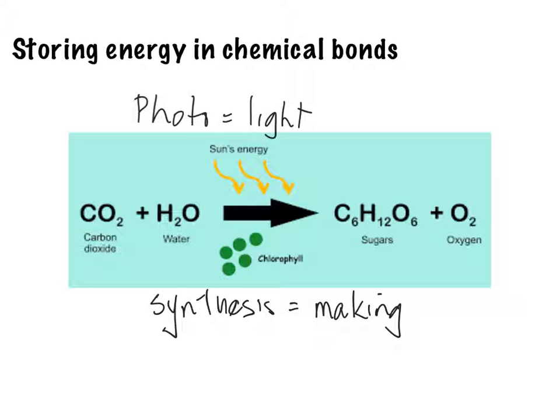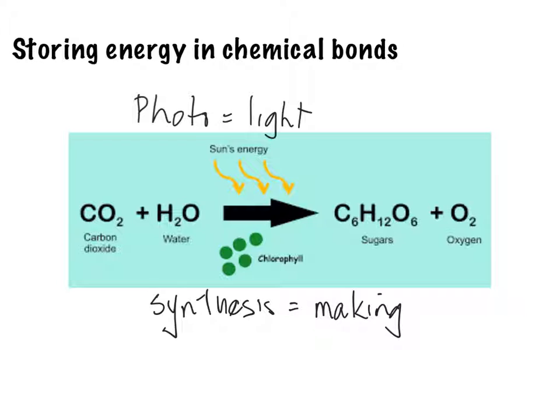In photosynthesis, little things like carbon dioxide and water are made into bigger things like sugars. This is the chemical formula for a simple sugar, and we can see that O2, or oxygen gas, is also made.